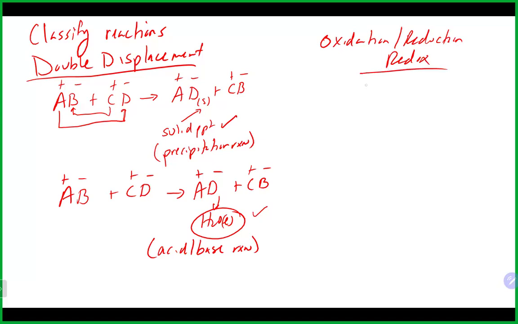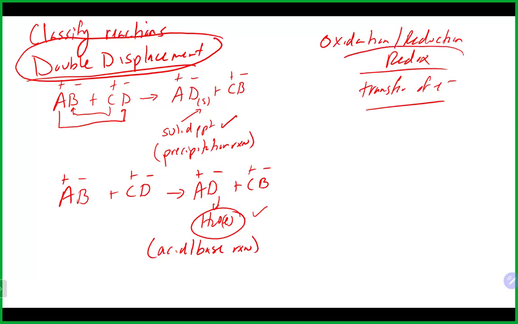Those reactions take care of a transfer of electrons, and that is really the third reason why a reaction takes place. So the two big umbrellas of classifications are double displacement and redox reactions. And again, underneath those classifications, you can more specifically classify reactions in other ways.